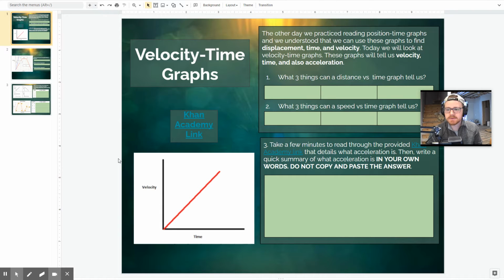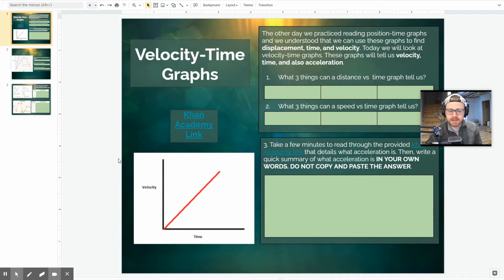Velocity time graph. Like it says up here, the other day we practiced reading position time graphs, and we understood that we can use these graphs to find displacement, time, and velocity. Remember, on position time graphs we have displacement, more or less our responding variable, on the y-axis, and our manipulated variable, time, on the x-axis.